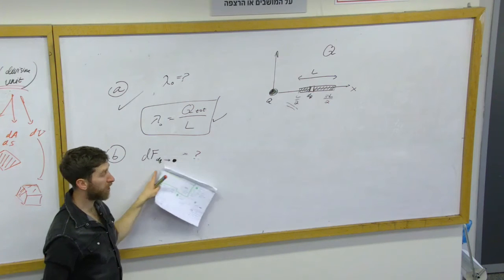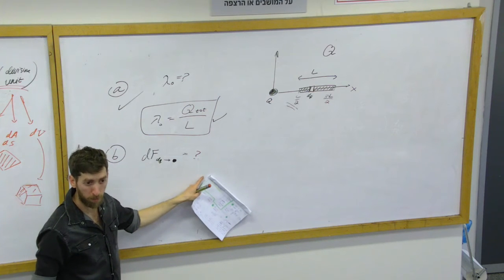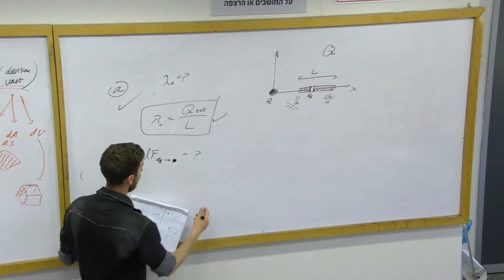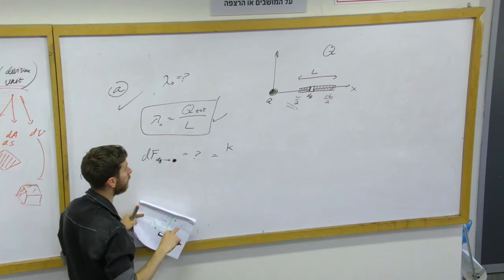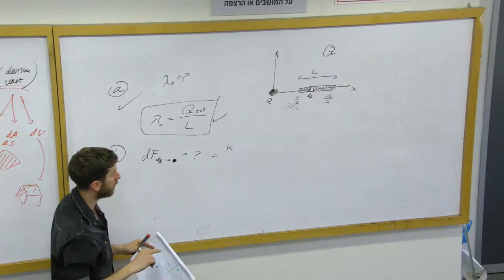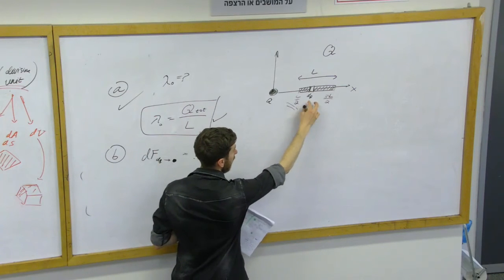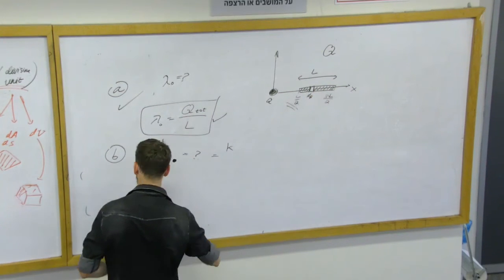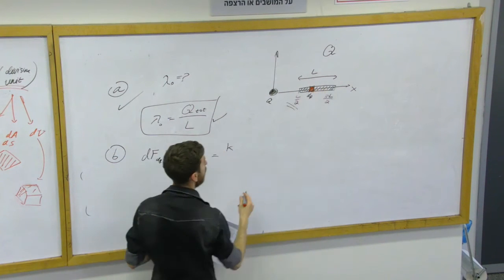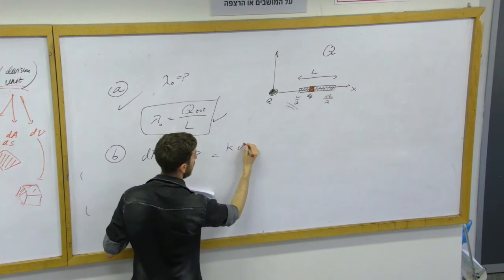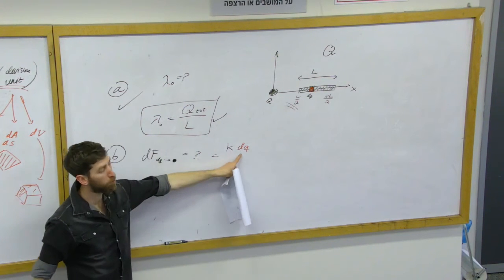Do you remember the equation for the Coulomb force? So this is equal to K Q1 Q2. We need to understand which is Q1 and which is Q2. The rope has this small piece, let's do it in red so you can see it. This small one is dq, the charge that this part of the rope presents.